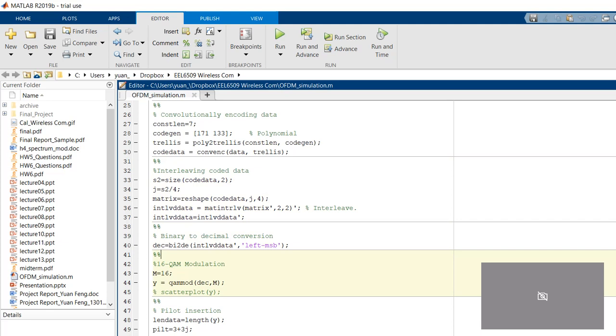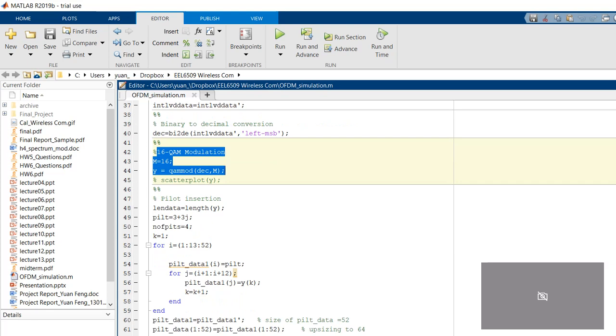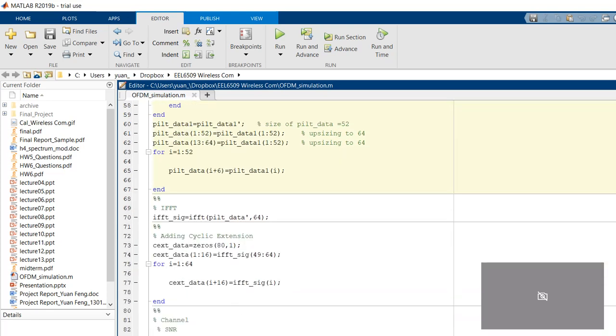Then I convert my signal from binary to decimal. Then I use communication toolbox functions like 16-QAM modulation to do the modulation. And here I do the pilot insertion and add the cyclic extension.